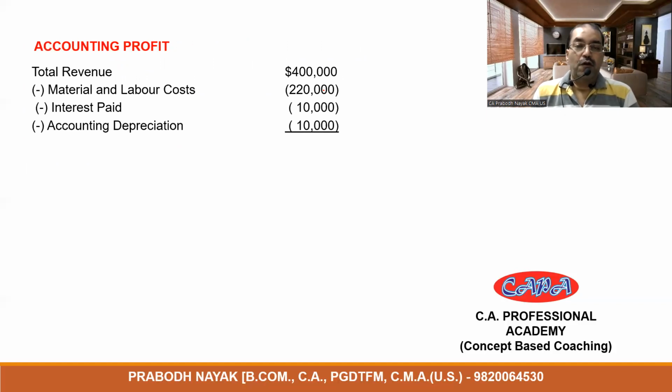So $400,000 minus $240,000 gives me an accounting profit of $160,000. So that is my accounting profit.